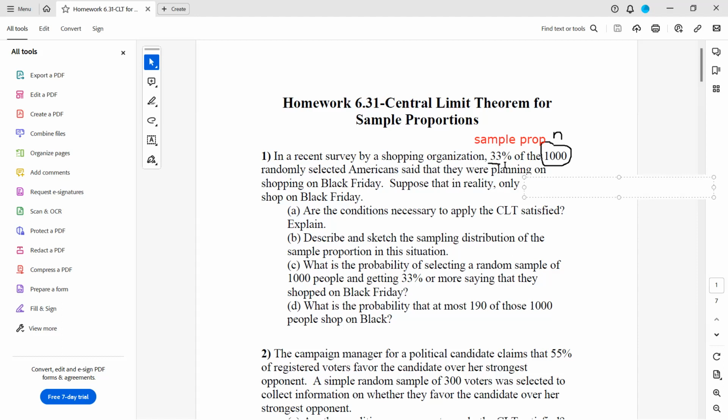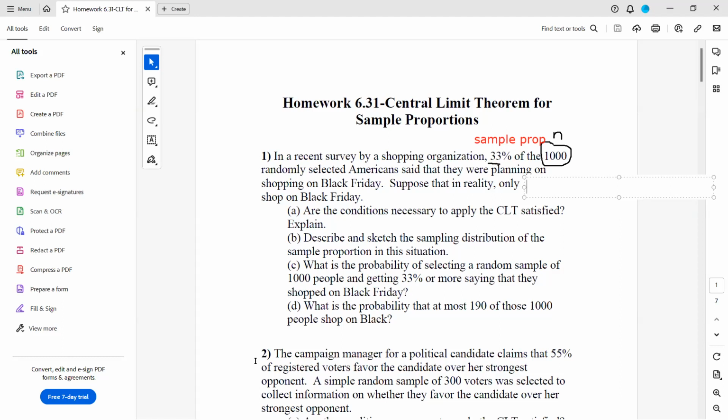We don't want to use this sample percentage. We want to use this 25% to test my assumption for part A. Now, there's reasons to use the 33, but not in part A.